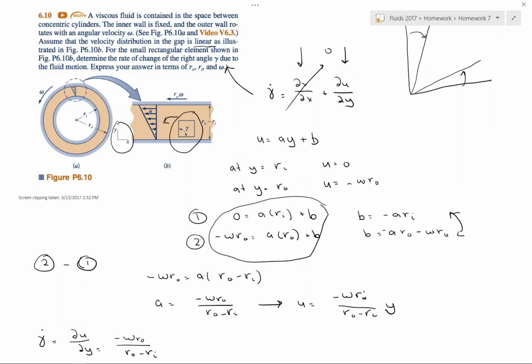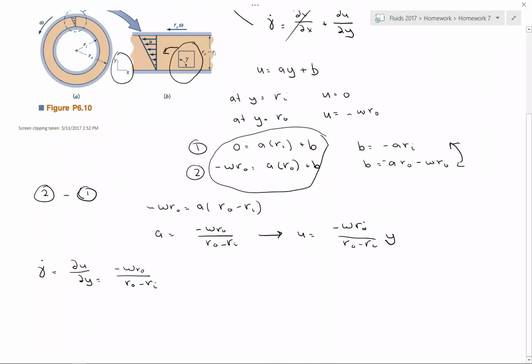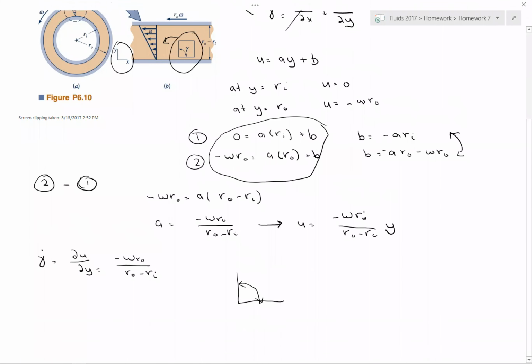So if the rate is in the negative direction, that means it's going that way, right? Because that's negative, which means the angle is increasing. Does that make sense? Okay, and if it were positive, then we'd start like this, and then it'd be in this direction, so now it's decreasing.